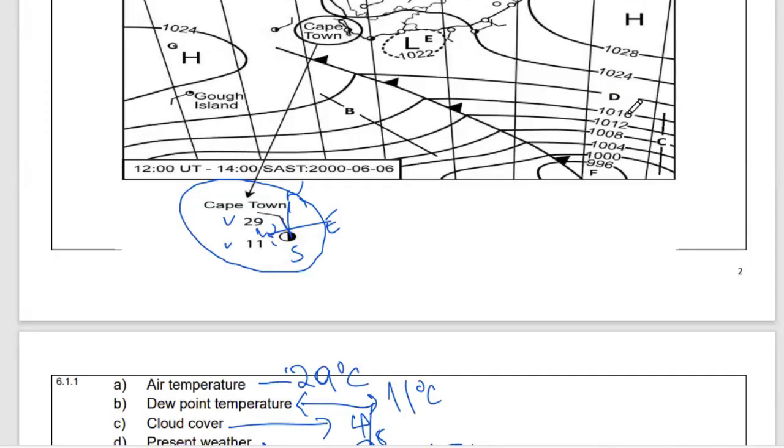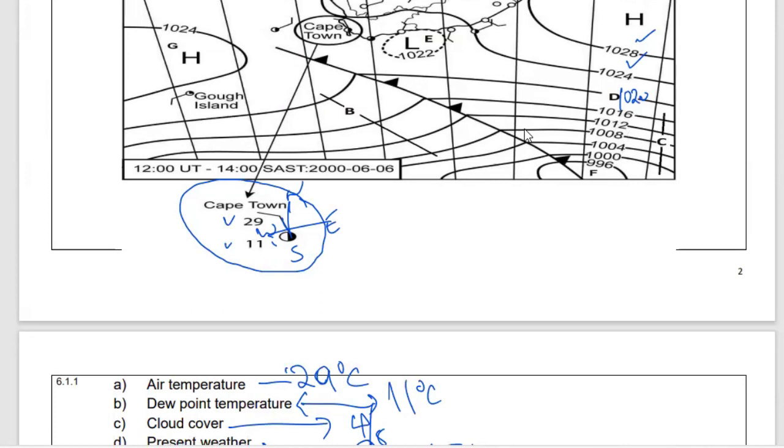We are supposed to find it. And then there is a 1016. So if we try to figure out our interval, the interval is 4. We are moving from a low pressure cell here: 1000, 1004, 1008, 1012, 1016. Definitely for us to find D here, it's 16 plus 4, which gives us 1020, and 1024 and 28.